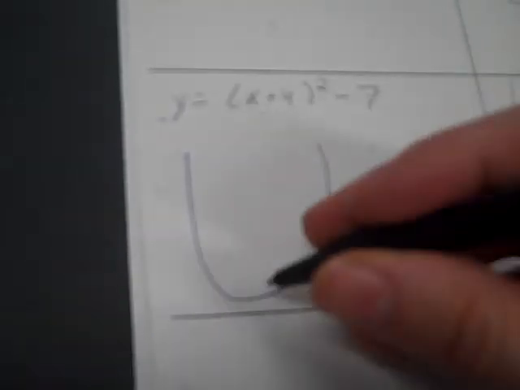Because there's a negative in front of the parentheses here. There's not one here, so it's going to go right side up. Now, on this one, all the x's get higher, okay, from this point, okay? They just go up. So this is greater than or equal than -7.